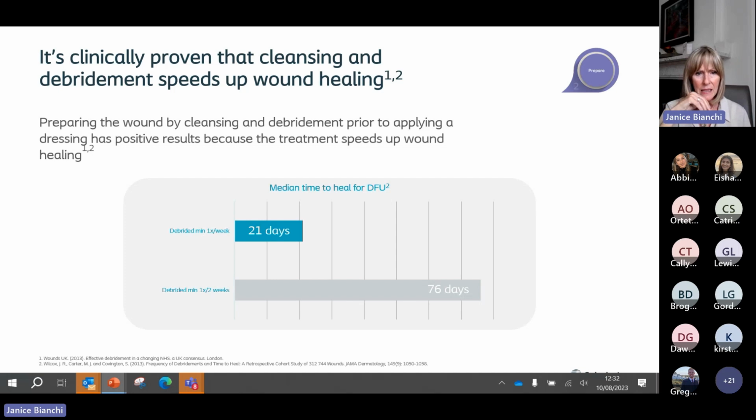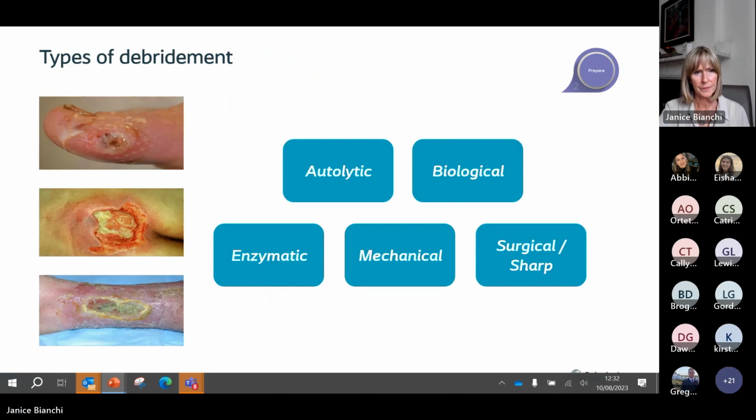And as you can see here, in the people who had more frequent debridement, that's once a week, the median healing time was 21 days compared to 76 days when it was every fortnight. So that's a huge difference. So we know that regular debridement of a wound will speed up healing.